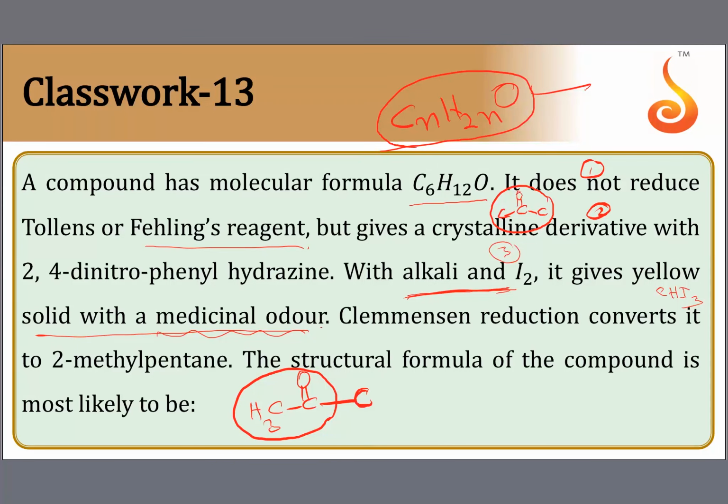Then another hint. Clemmensen reduction converts it to 2-methylpentane. So during the Clemmensen reduction, what happens? C double bond O will become CH2. So CH3, CH2, CH2, CH2, CH, CH3, CH3. 2-methylpentane we know, right?